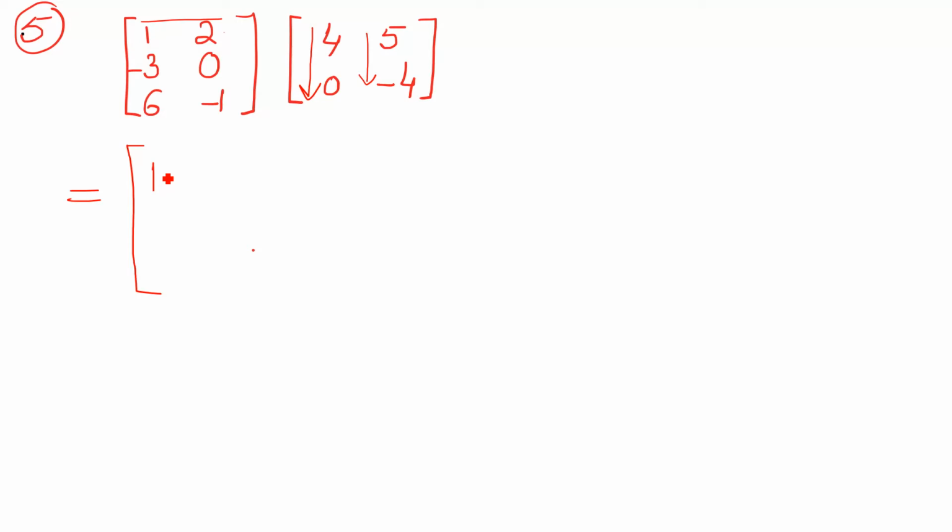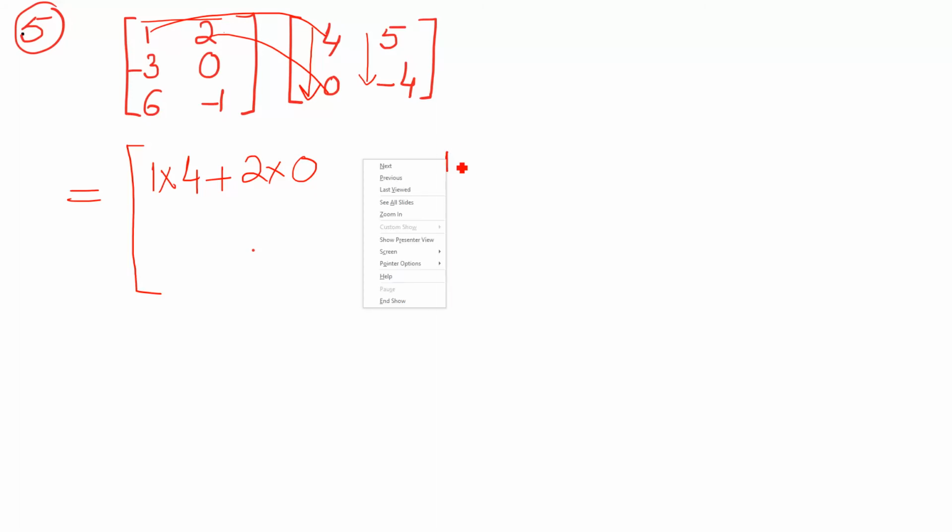Start from 1. 1 multiply by 4, 2 multiply by 0. See, this 4 with this and this 2 with 0. Keep in mind, you have to multiply row by column, not 2 with 5, 2 with 0. So it is finished. Now we move to the second column, right? Okay, we will write down a little far. So it is 1 multiply by 5, then plus 2 multiply by negative 4.